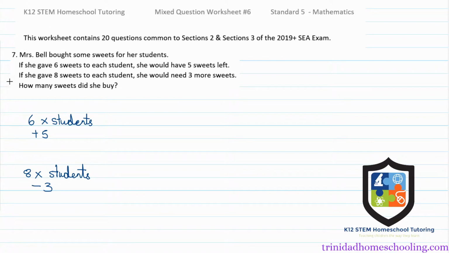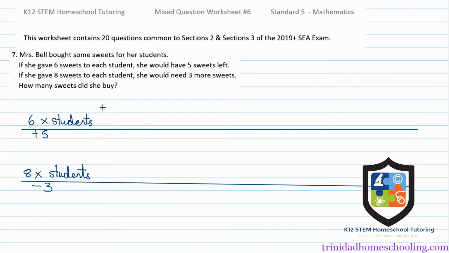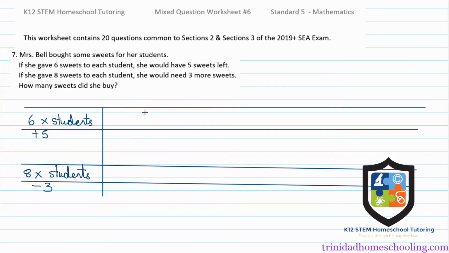Now, we don't know how many students there were, so what we're going to do is try putting in some numbers for the number of students, and then test them out to see which number of students gives the same amount of sweets.